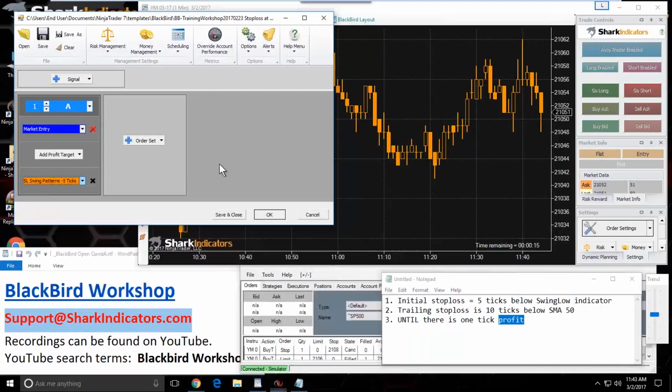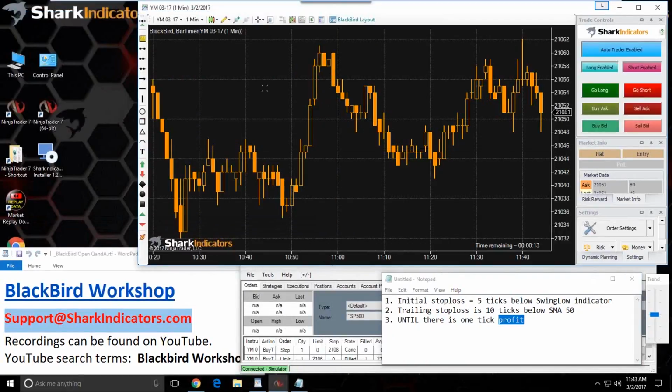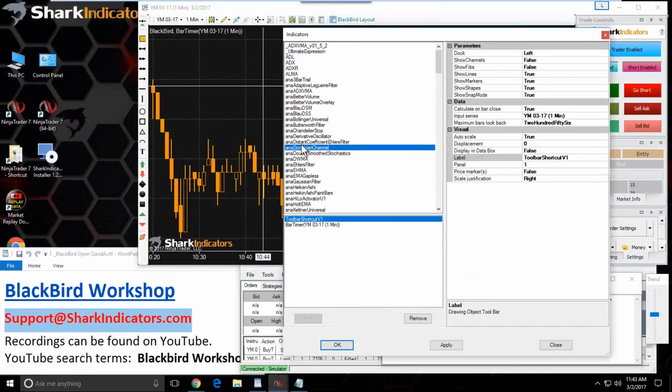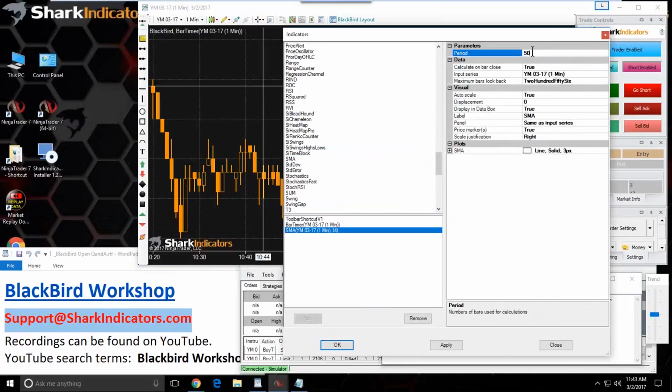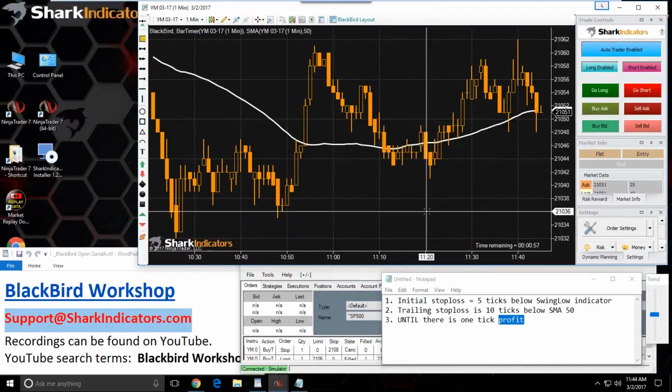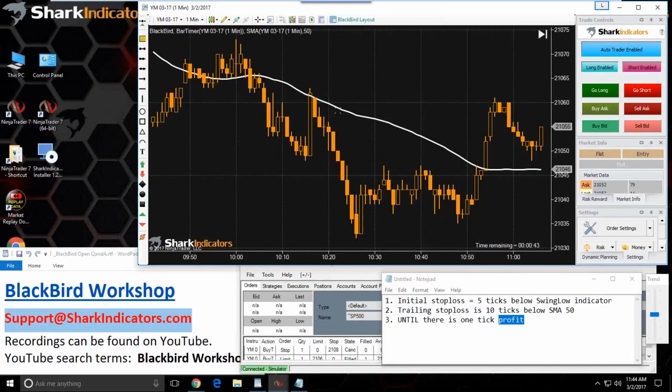So before I get moving here, let me get the SMA on here. All right, so here's an SMA, and let's say we got into a trade right there, on the bounce off that SMA 50, just as an example.